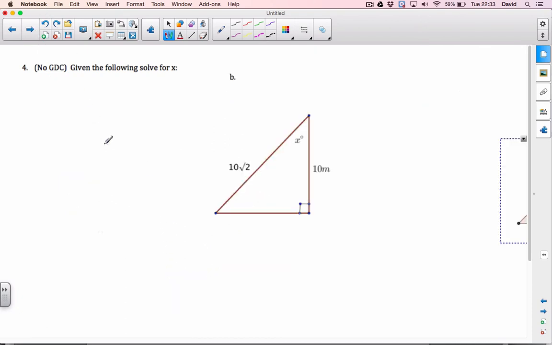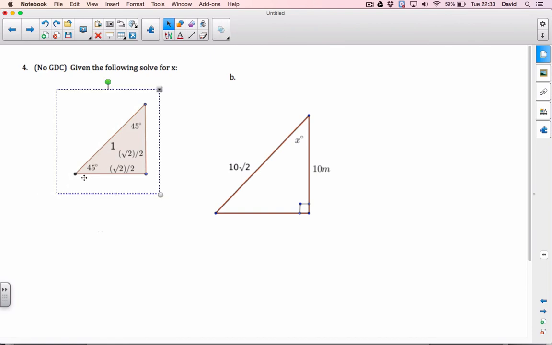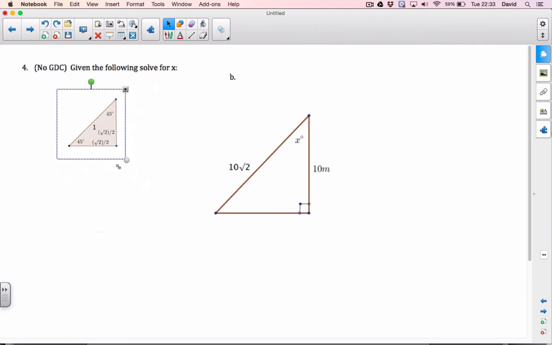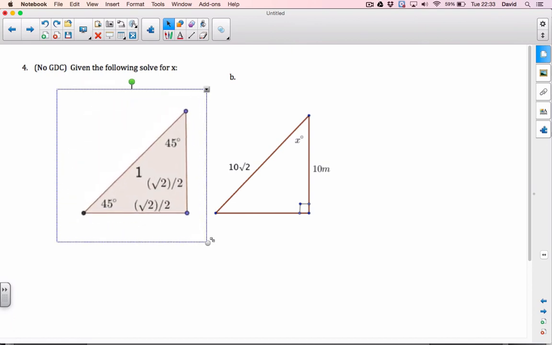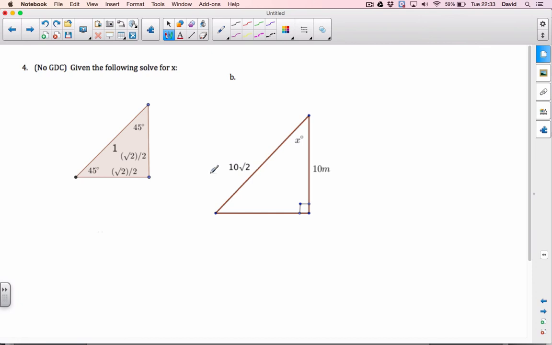One more example. Now we have 10 root 2 and 10. And if I look here, here's my 45, 45, 90 triangle. If I think about similar triangles, if I shrink this down or make it bigger, the sides change and they have different lengths.